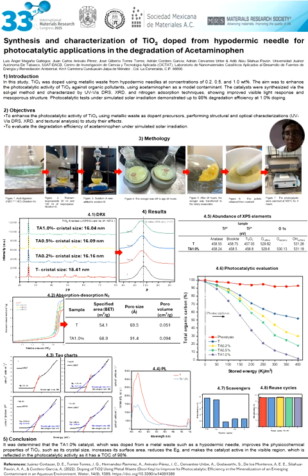Section 4.2, we see type 4 isotherms typical of mesoporous materials with monolayer and multilayer formation. The hysteresis loop is H1 by IUPAC, typical of open cylindrical pores. The range is 2 to 5 nanometers, favoring molecular diffusion.